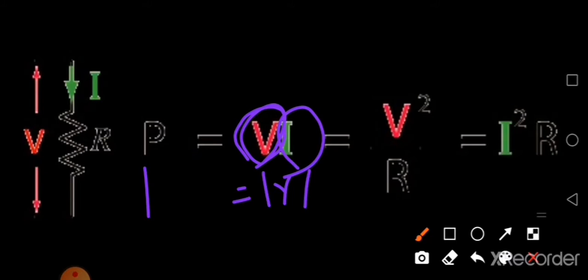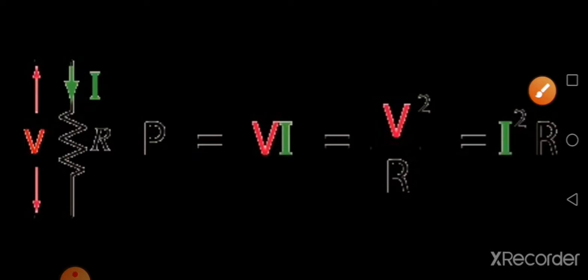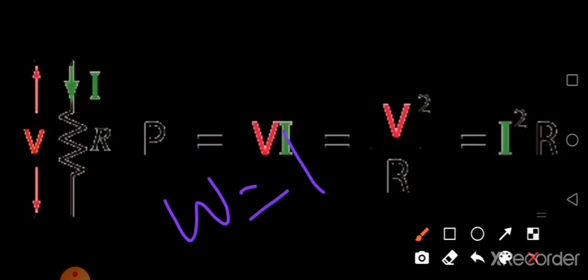Okay. Now this is about the SI unit. Now what about the commercial unit of electrical energy? See, the SI unit is joule. If an electrical appliance is used for a particular time t, then the electrical energy is written as W is equal to power into time, isn't it?